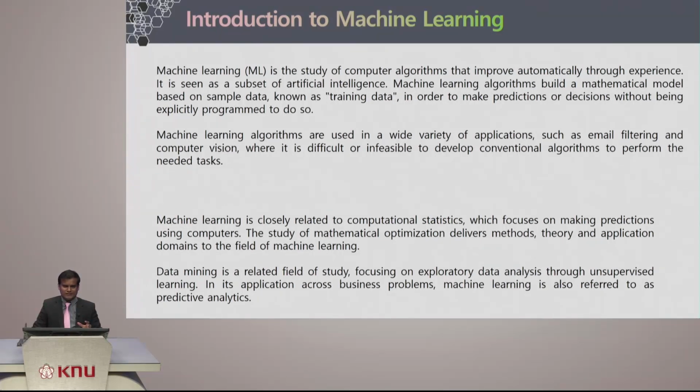Basically, machine learning is the study of computer algorithms that improve automatically through experience. As you can see, it says improves automatically through experience, which means it's a kind of learning process, and as humans we also go through the same learning process. So we have to consider how these machine learning methods can be modeled.